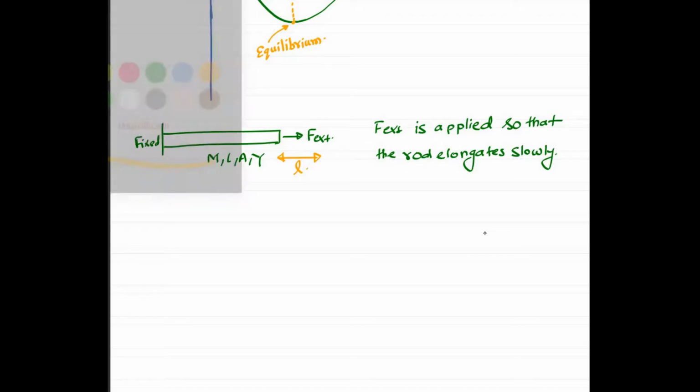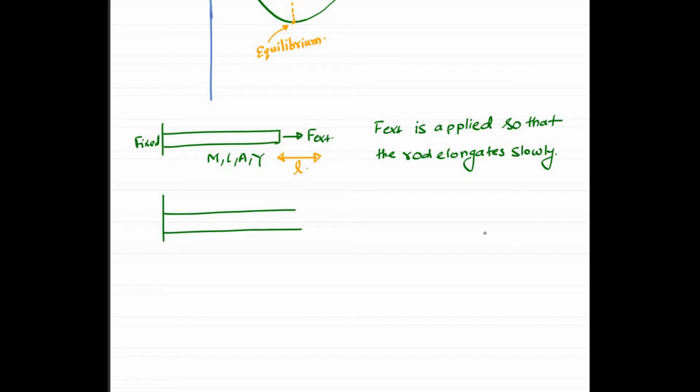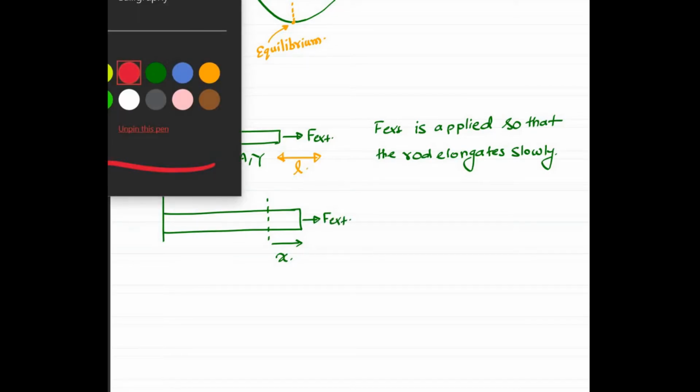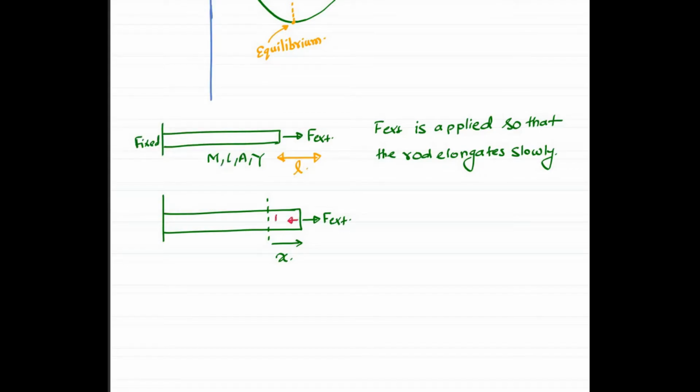Now, when the elongation was x, this being the initial length, you were applying some external force. This external force was to overcome the restoring force. Since you are elongating the rod slowly, can I say at this moment it will be equal to F restoring?